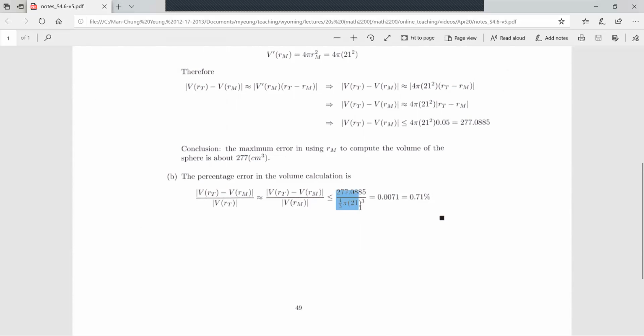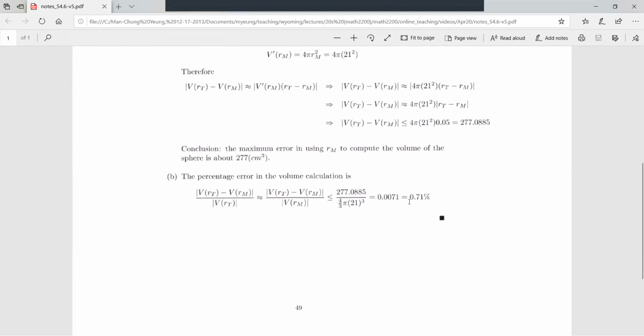It is this number. From part A, V of RT minus V of Rm is not greater than 277. So this quotient is less than this number. By calculator, this number is 0.0071.